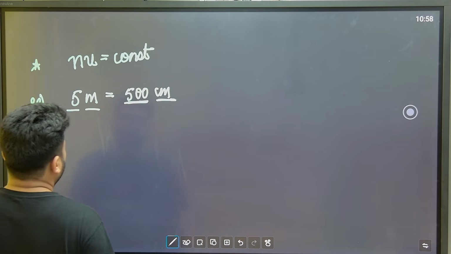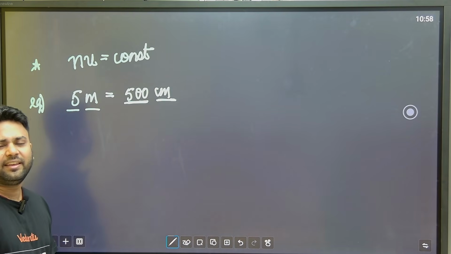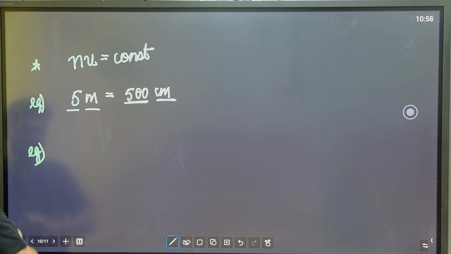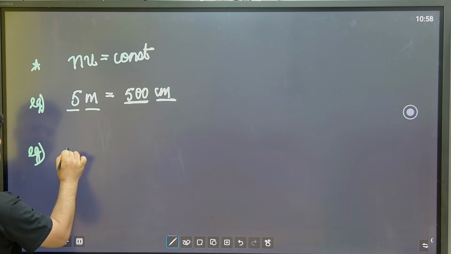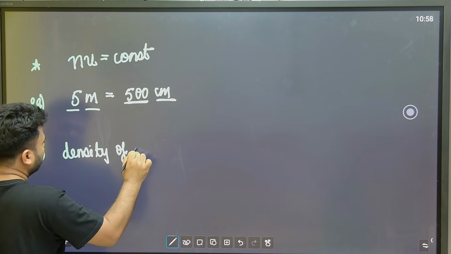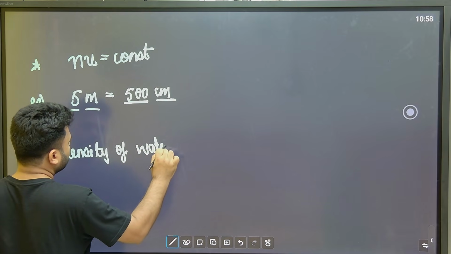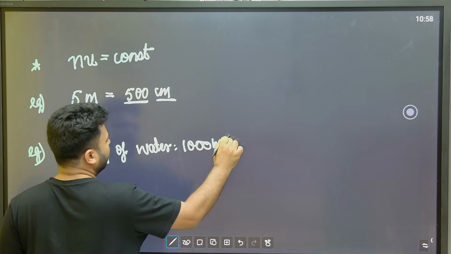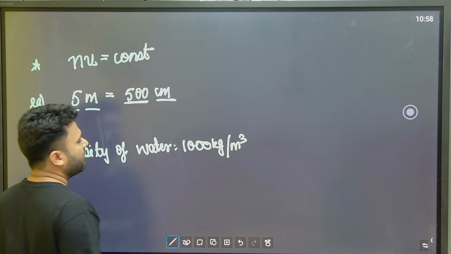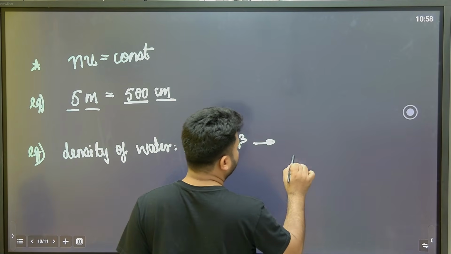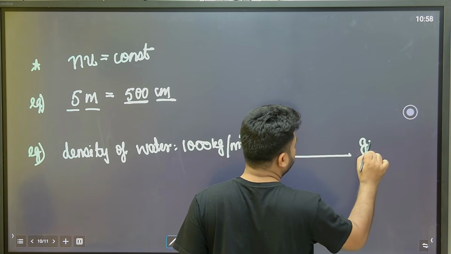This way, they can ask anything. For example, we know that the density of water is 1000 kg per meter cube. We have to convert it into CGS unit, that is gram per centimeter cube.